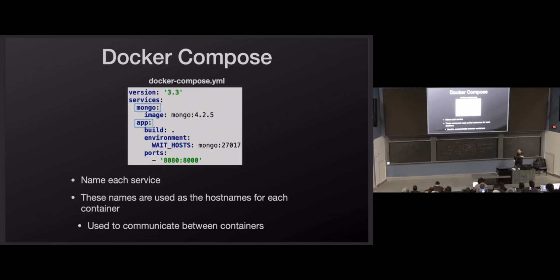When Docker Compose runs, it's going to create a network of our containers, and the host name for each container is going to be whatever you call it in this file. So Mongo, where I'm running my database, is going to run on this network within Docker Compose in a container named Mongo, or with a host name of Mongo. My app is going to run with a host name of app.